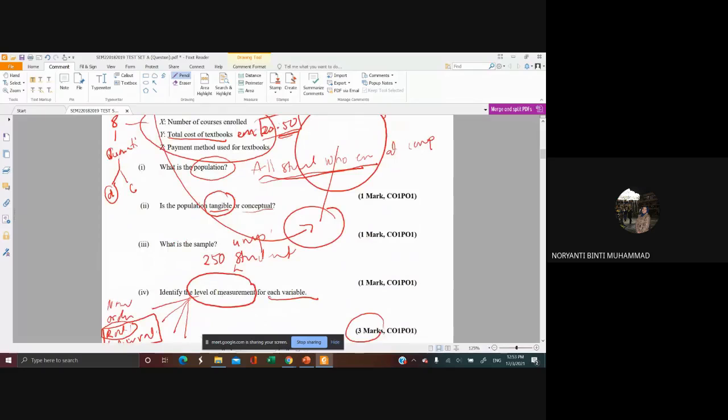Now Zack, payment method. Okay, you bayar textbook tadi guna apa? Credit card, debit card, online, cash. That is payment method, isn't it? So is it quanti or is it quali? Quali. And then is it nominal or is it ordinal?